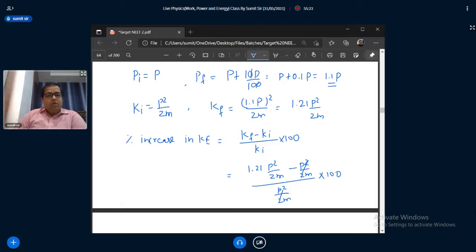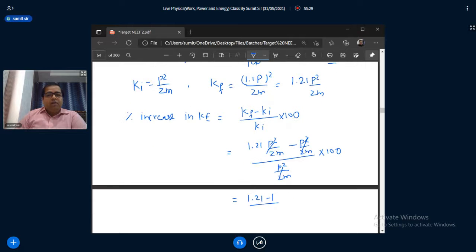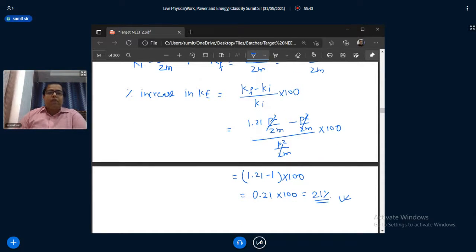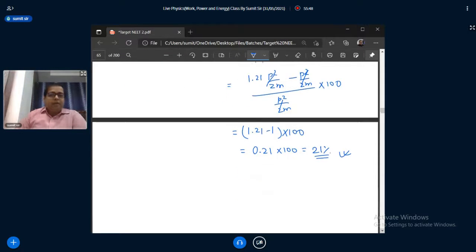So P square by 2M is cancelled out. So you have 1.21 minus 1 in the numerator, 1 in the denominator, into 100. So you have 0.21 into 100. So that is 21%. So this is the answer. There is a 21% increase in kinetic energy.